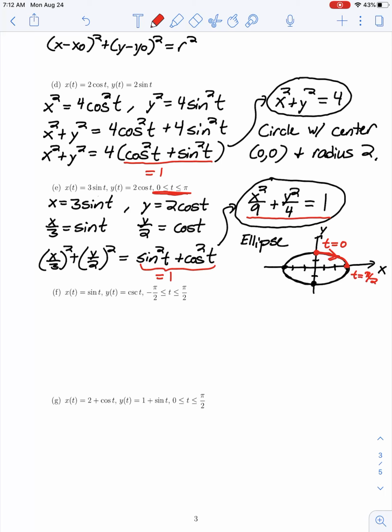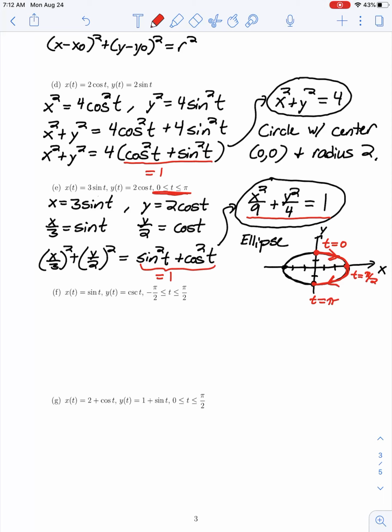And our y value continues to decrease. And when t is equal to pi, we have the point 0, negative 2. So the specific part of the ellipse that these parametric equations represent is that right-hand side traced out in red as I've shown here.